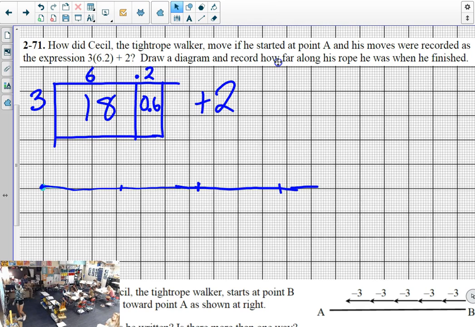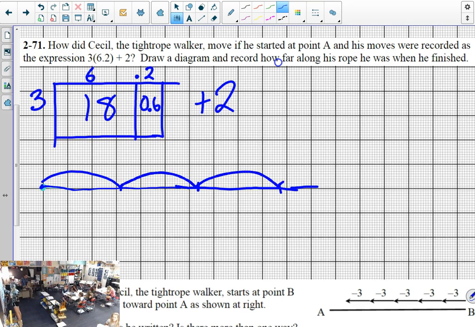You want to try to do that for each of them. And then our little part on the end represents that too. So we have 6.2, 6.2, 6.2, and another 2. And we could write the values in there. Show where do we end up at? Do you know? 20.6.